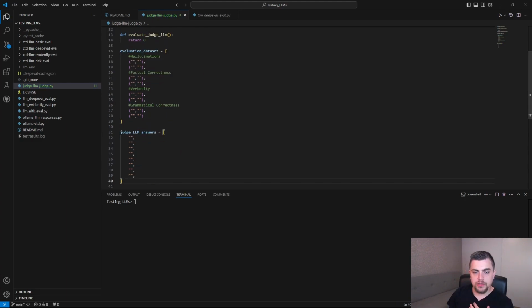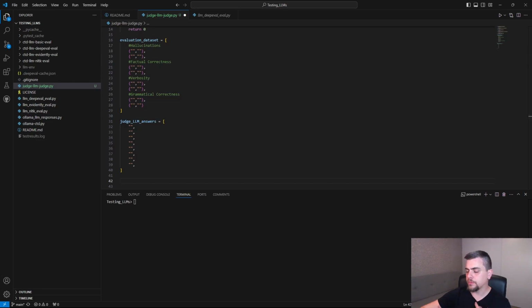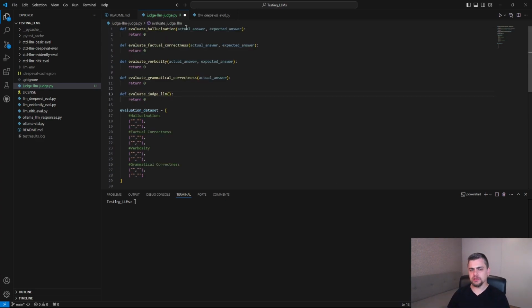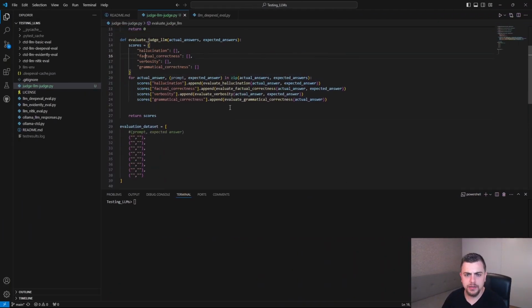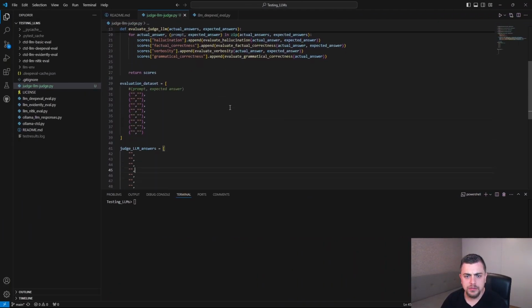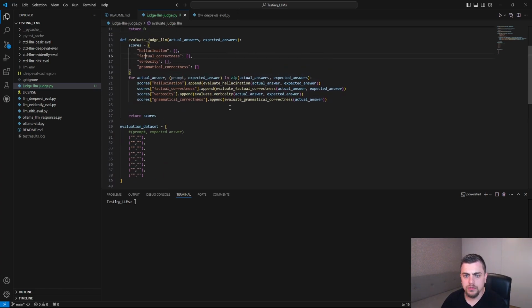That's what we would like to have, and we would like to compare them, evaluating the judge large language model, something like that. This is the prompt, the expected answer, and this is the judge. Okay, and it will return the scores.